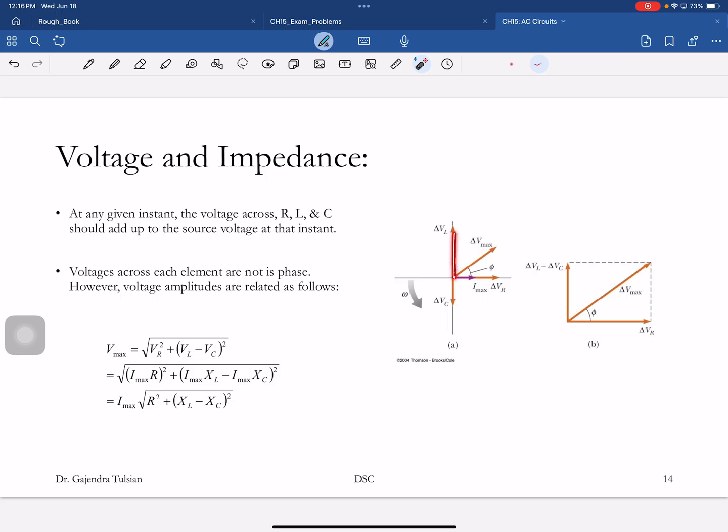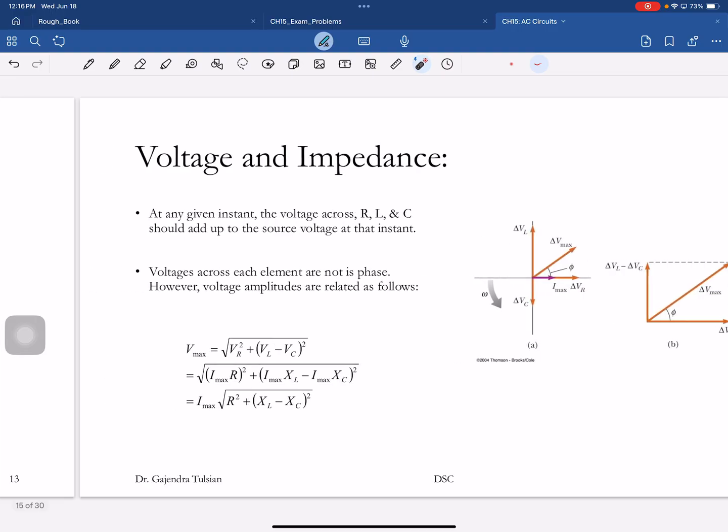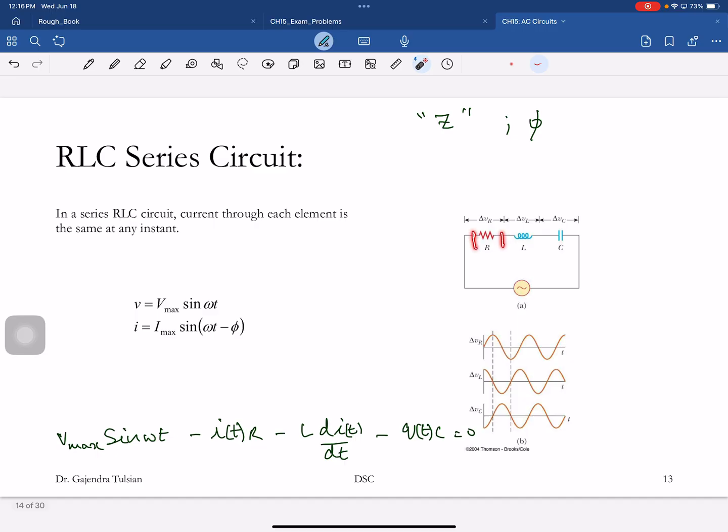The voltage across the inductor is 90 degrees ahead, so the voltage phasor across the inductor is that. And the voltage across the capacitor is 90 degrees behind. So these phasors are the voltage across each element.